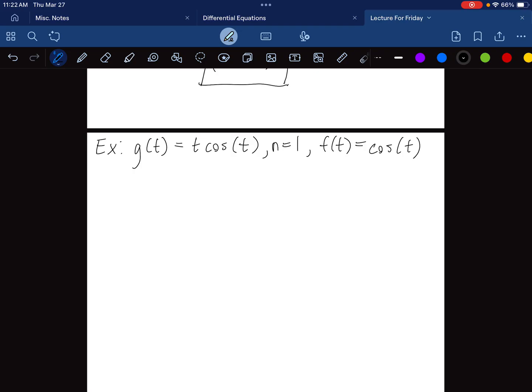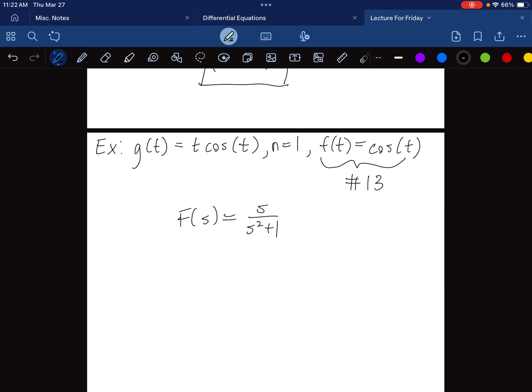And so first off, we want to find the Laplace transform of little f. This is already table ready. This is just going to be entry number 13. And so capital F of s is equal to s over s squared plus 1.